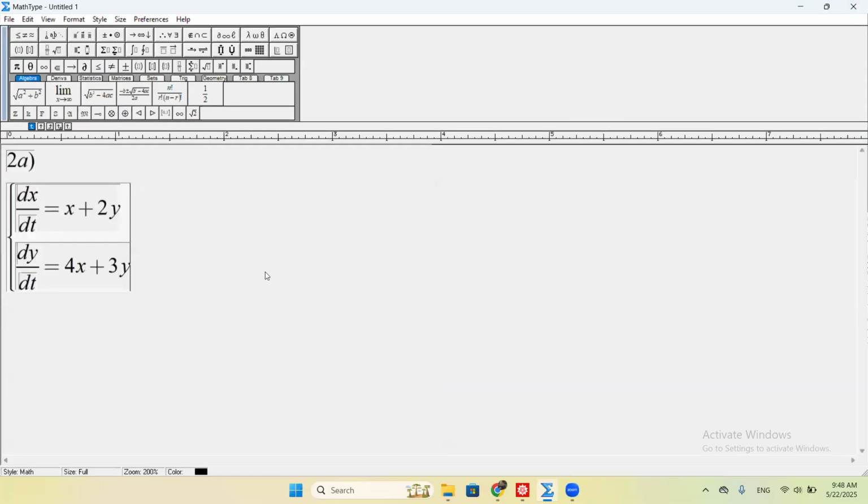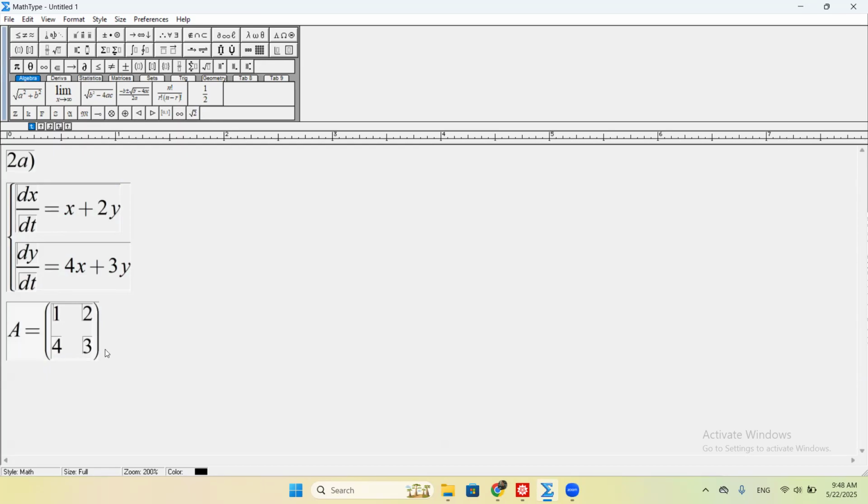First of all, let's write down the matrix of the system. So it will be the following. Matrix of the system. So we will write the coefficients for these functions. The first row will be 1, 2, and the second row 4, 3.